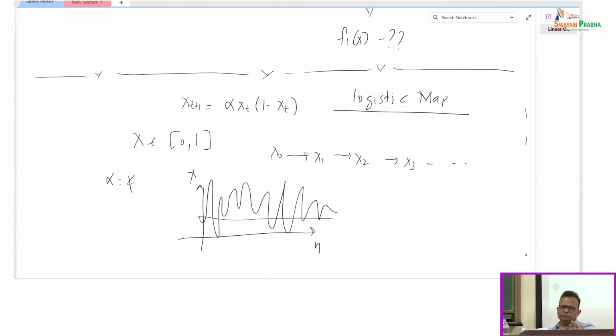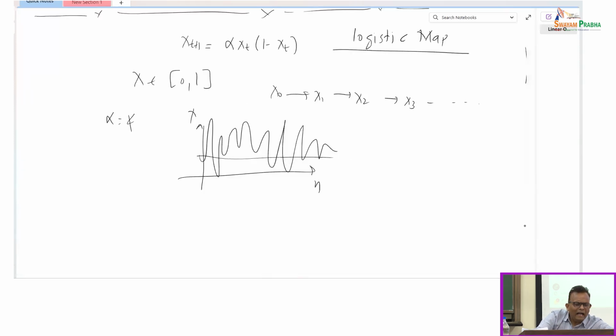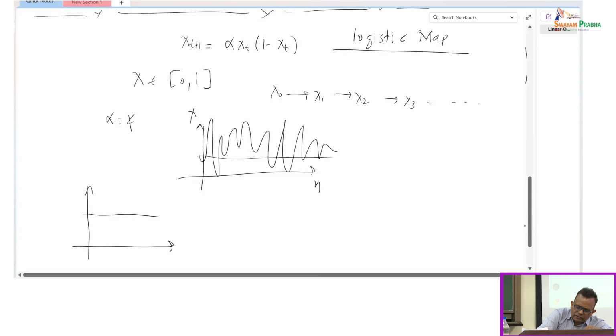How do you describe that? Just like we said, in von Neumann's world we are not looking at evolution of points. We are looking at evolution of functions. So what does it mean? I will take some function. For simplicity, I could take a uniform function. This is my x-axis.